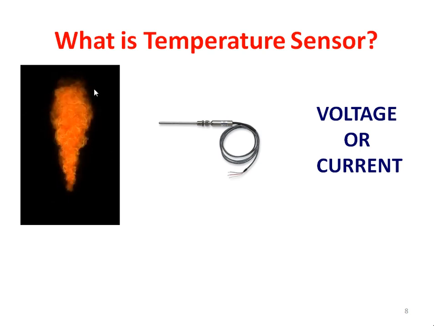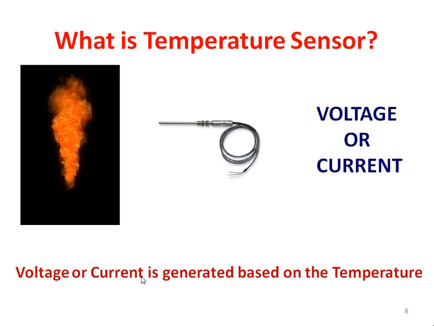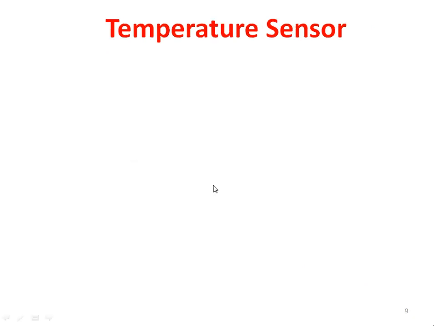Temperature is a physical quantity, because you can touch and feel it, and that physical signal is converted into voltage or current by this transducer. So voltage or current is generated based on the temperature.